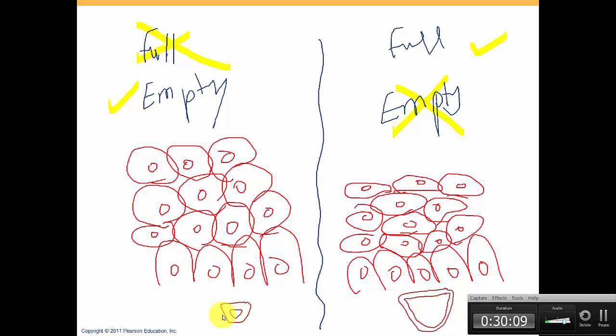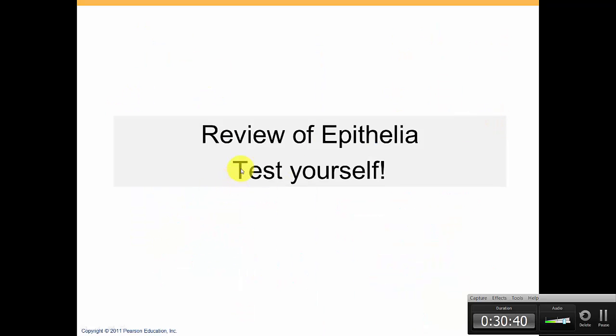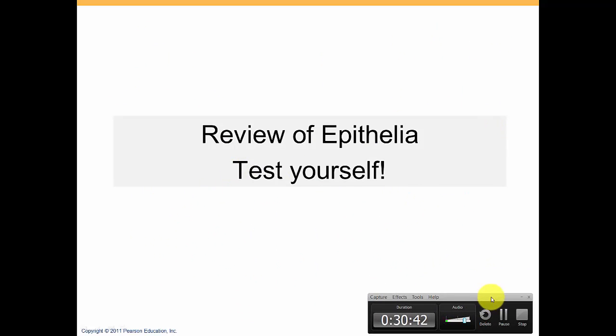So if you have a small bladder like this, there is a high height for the epithelium, and this is your urinary bladder when it's full, because when you have a big bladder, it's full of urine, it's so stretched, so if it's stretched, you will have a smaller height for the epithelium. I hope this makes sense to you.